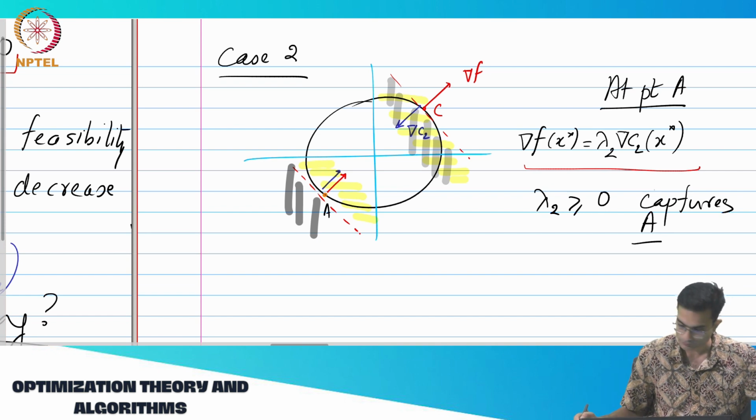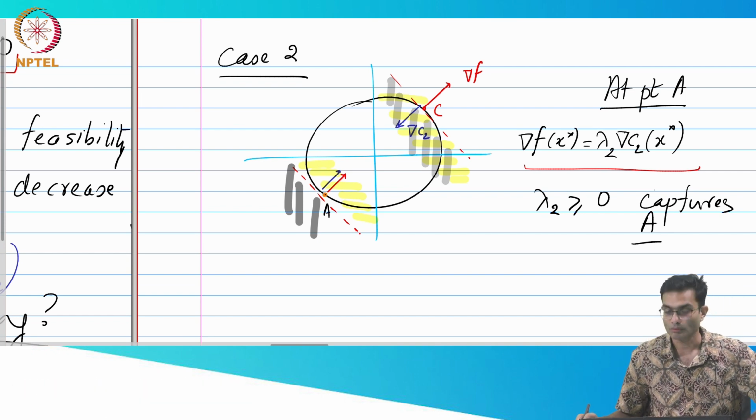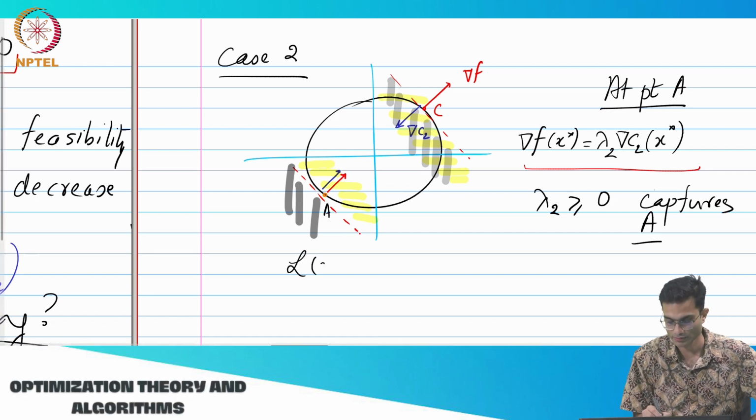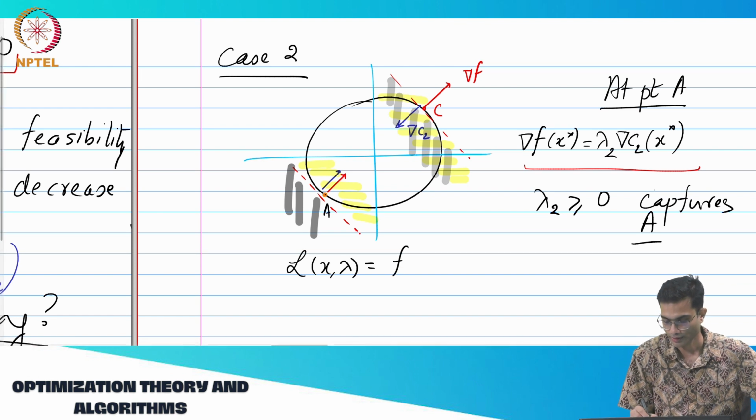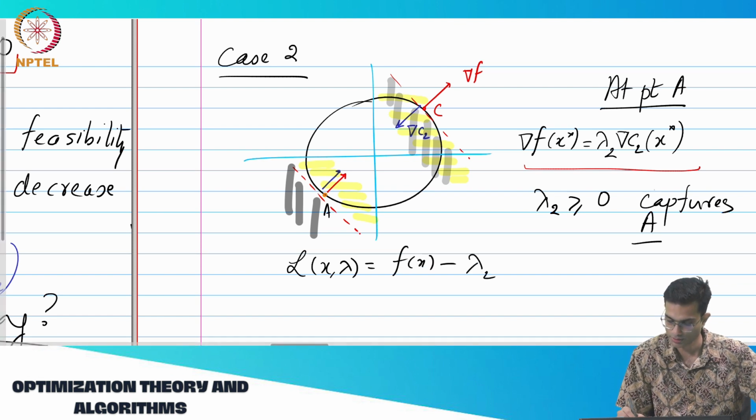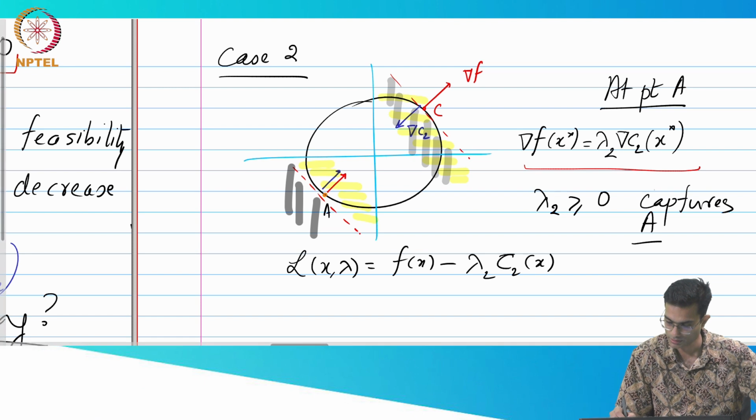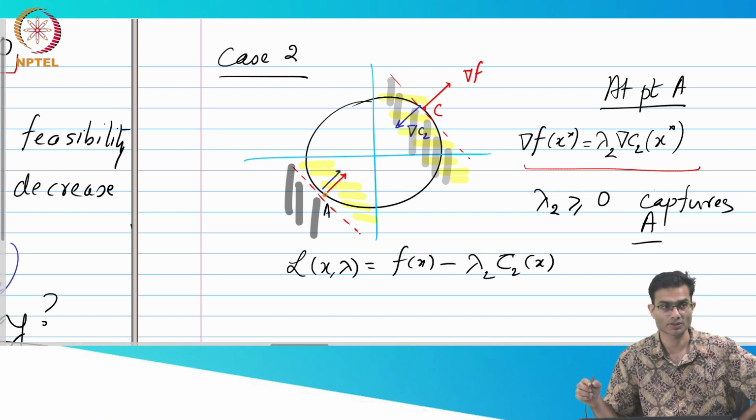Okay. Now, in terms of the Lagrangian, how do I write this? Remember, Lagrangian was f of x minus lambda 2 C2 of x.